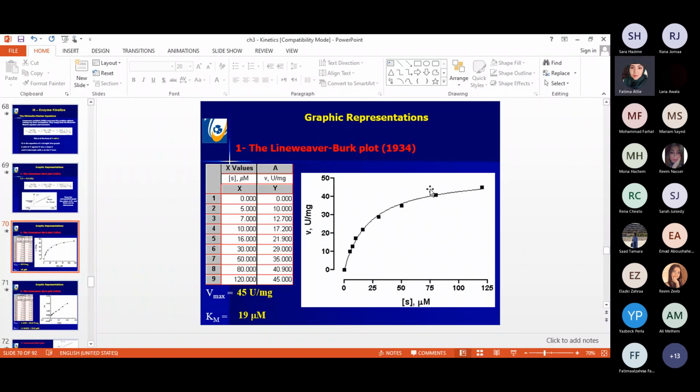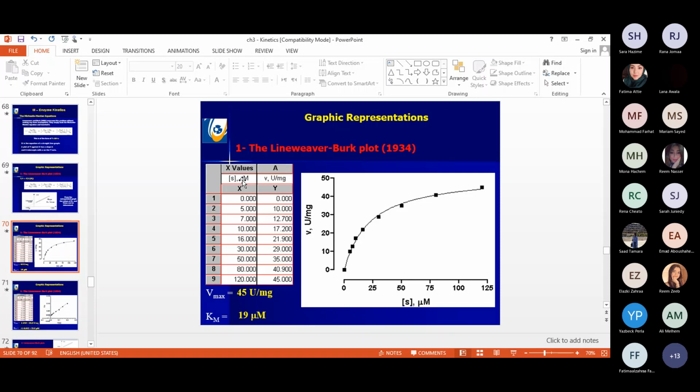Yes, thank you. So if we go back to the example, if you draw v as a function of s, you conclude that Vmax is equal to 45 units per milligram and Km is around half of this, 22.5, so we said around 19 micromolar.